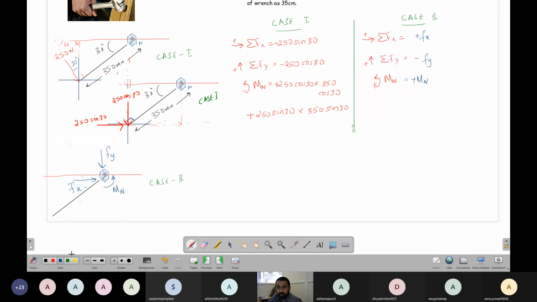So I just number this. This is 1, this is 2, this is 3. So from 1 what do we get? 1 നമുക്ക് എന്താ കിട്ടുന്നത്? Fx equal to, ഈ ഇത് രണ്ടും നമ്മൾ ഇക്വേറ്റ് ചെയ്യണം. 250 sin 30 എത്രയാണത്? 125.